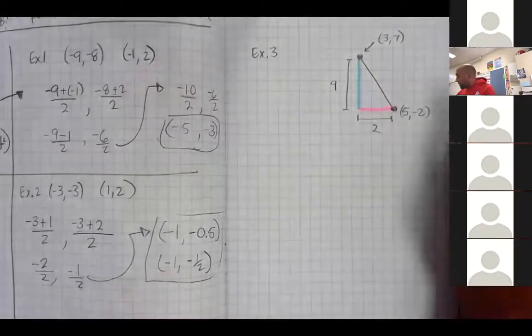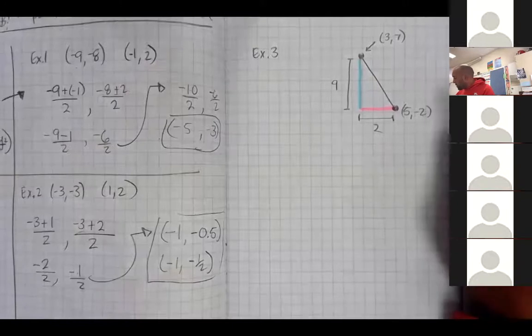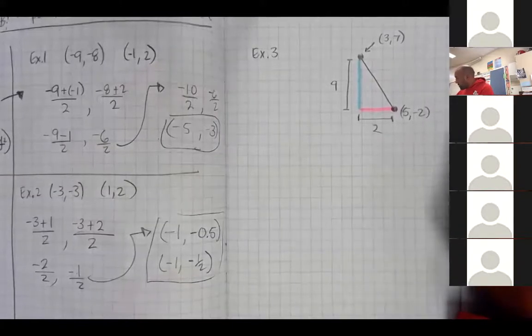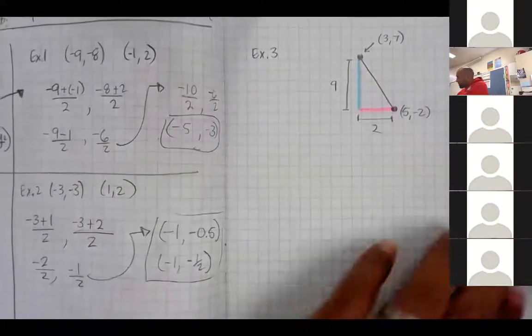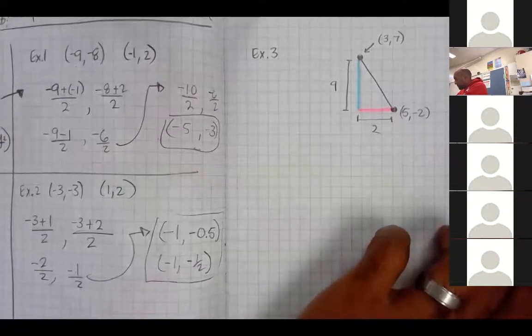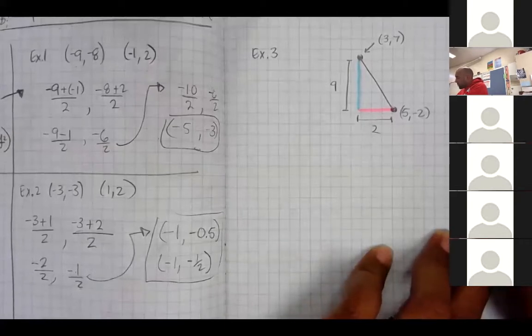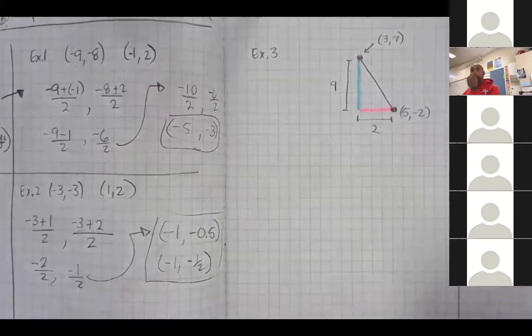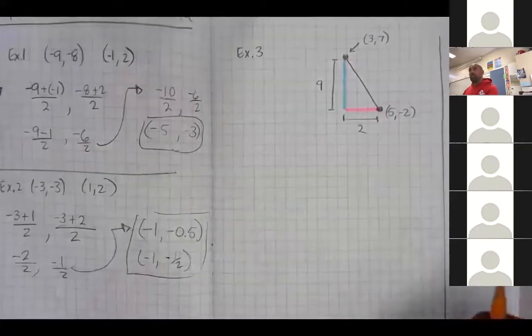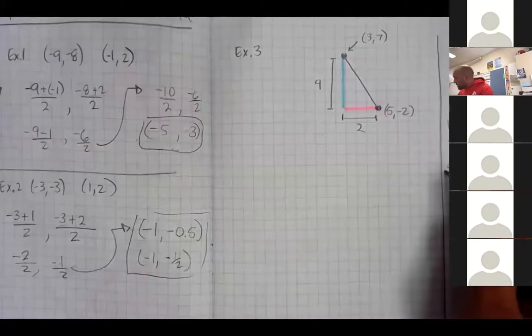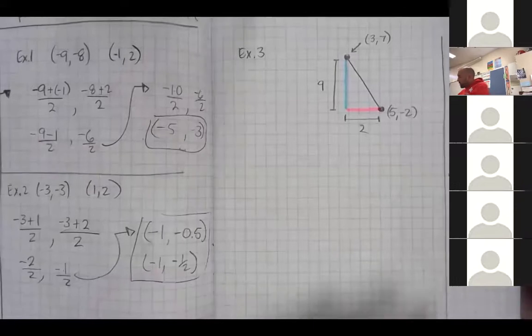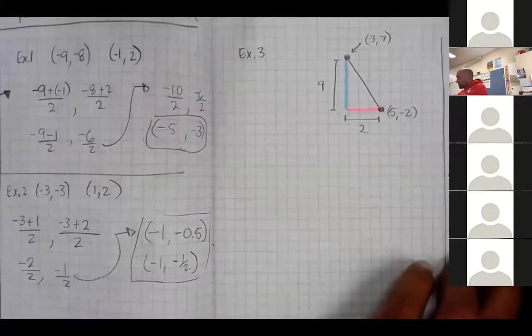So we got to use the Pythagorean theorem, which is a squared plus b squared equals c squared. Now remember, your legs have to be a or b, right? So these have to be the legs, which makes the c your hypotenuse.